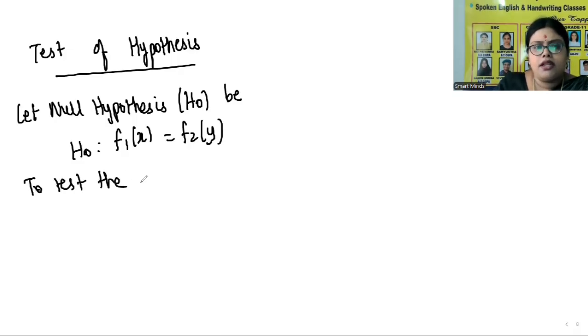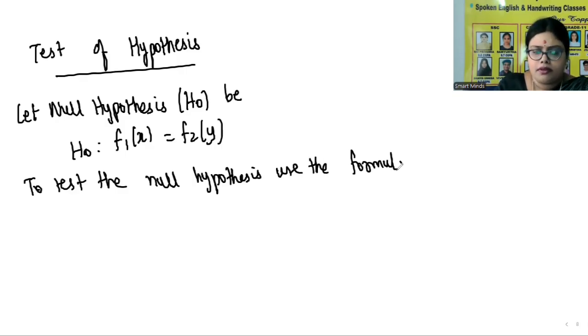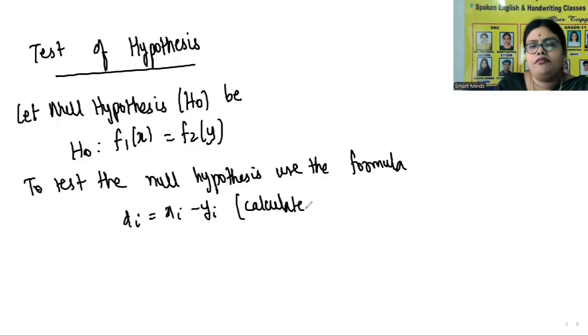Now to test the null hypothesis, use the formula. What is that formula? Di is equal to xi minus yi. Here we calculate the difference.